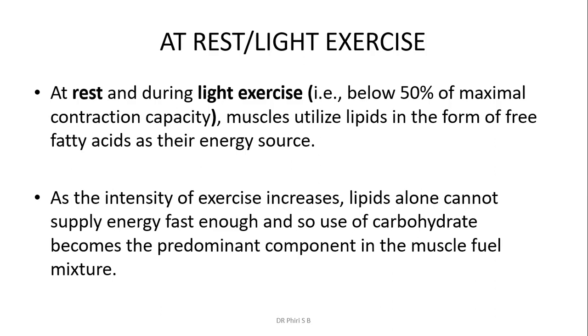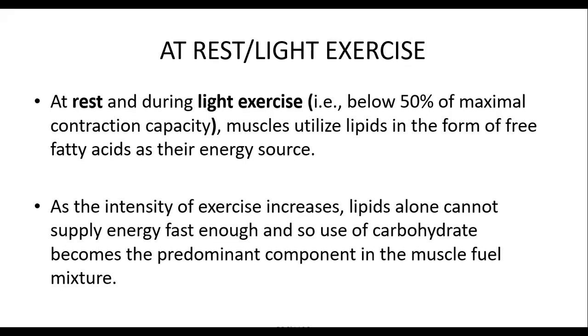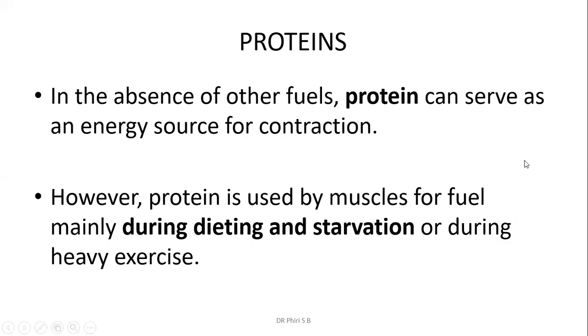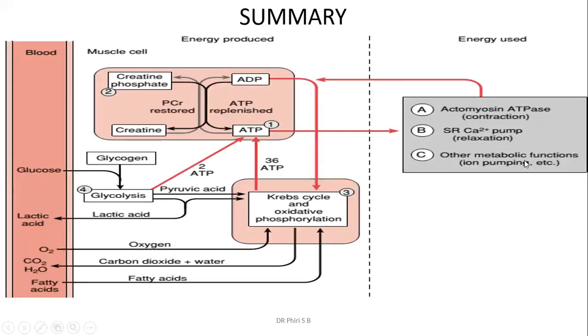As the intensity of exercise increases, lipids alone cannot supply energy fast enough, and so use of carbohydrates becomes the predominant component in the muscle fuel mixture. After carbohydrates, they will start using more proteins, which will be the last macromolecules to be used as a source of energy for the production of ATP.